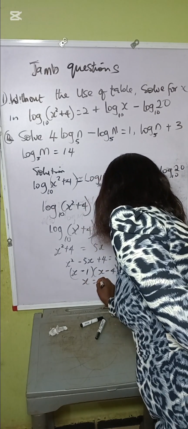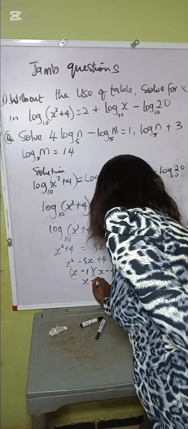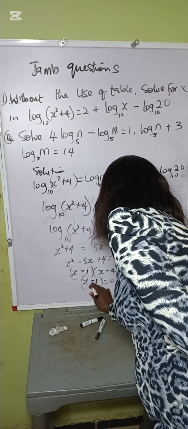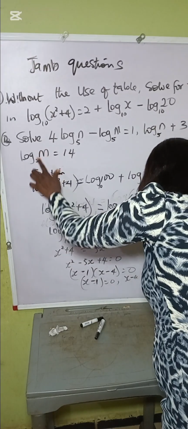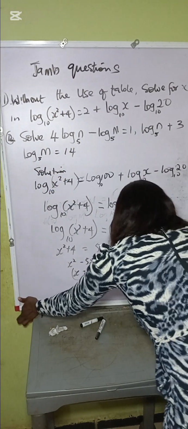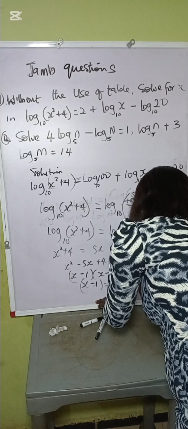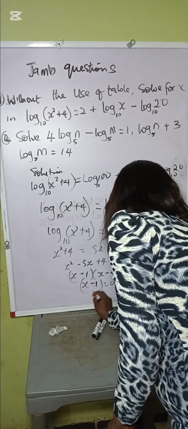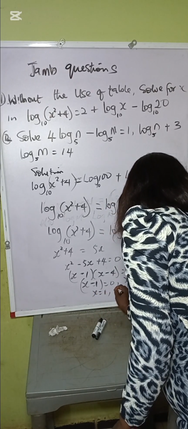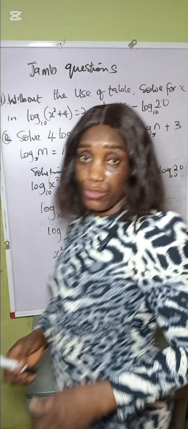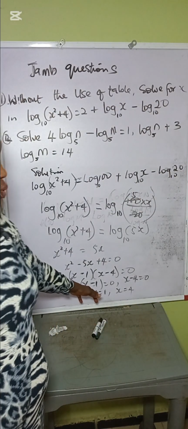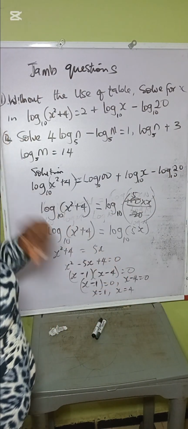So x minus 1 equal to 0, and x minus 4 equal to 0. So x will be equal to 1 and x will be equal to 4. So the two possible values of x are 1 and 4. So that is how you are going to solve it.